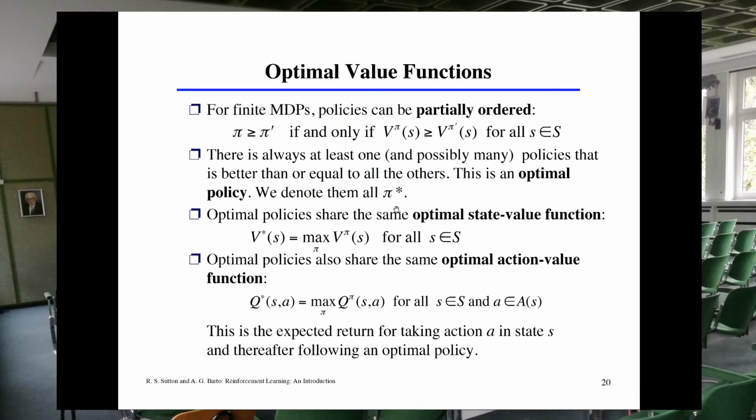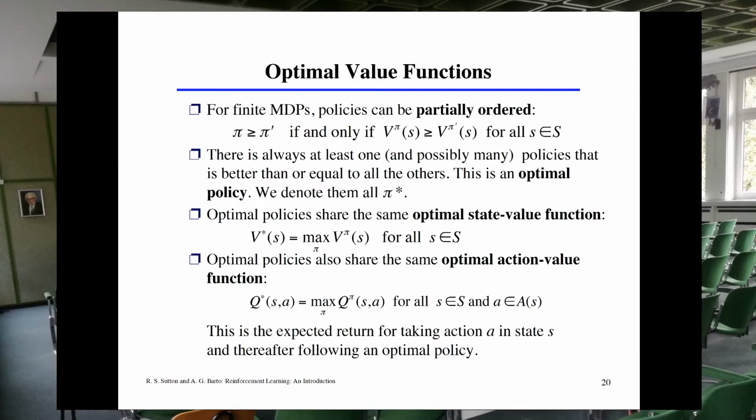So even though there could be many policies, many ways to behave, all of them share the same optimal value function. And the optimal value function, which is V star, is the value function that maximizes the values for all the states. Optimal policies also share the same optimal action value function.